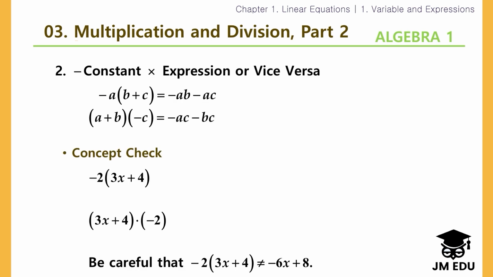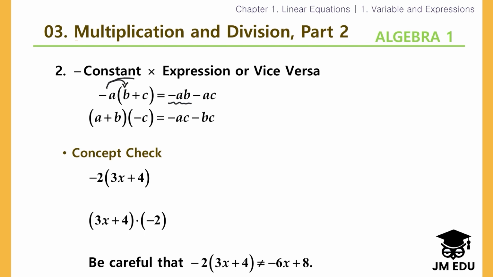Number 2, we have a negative constant times an expression, or vice versa. Let's say we have negative a times b plus c, a monomial times a binomial, right? Then we have to apply the distributive property to multiply these two expressions. So negative a times b, that's negative ab.